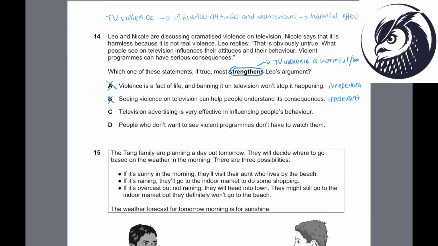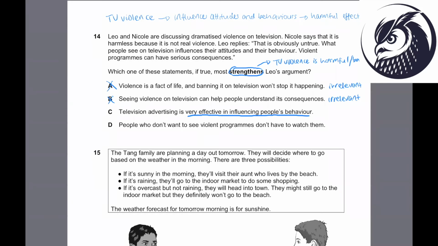And then let's have a look at answer option C. Television advertising is very effective in influencing people's behavior. Now, this one is saying that anything that's on TV, whether it's advertising or a TV show, is very effective at changing people's behavior.